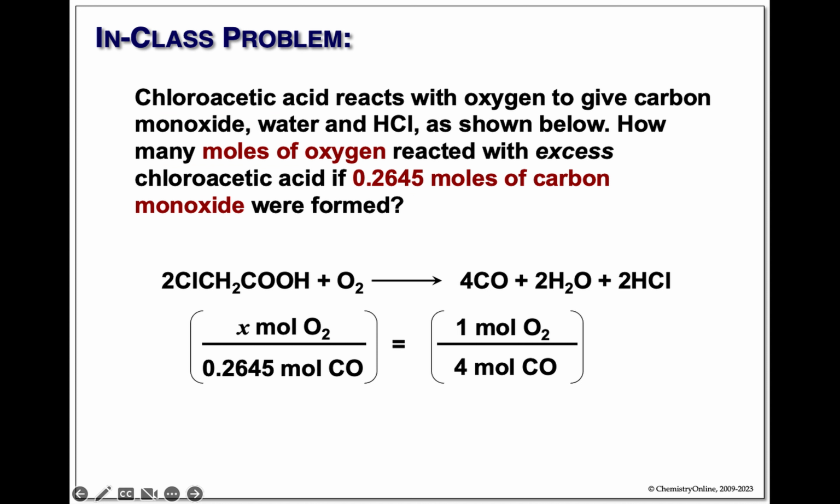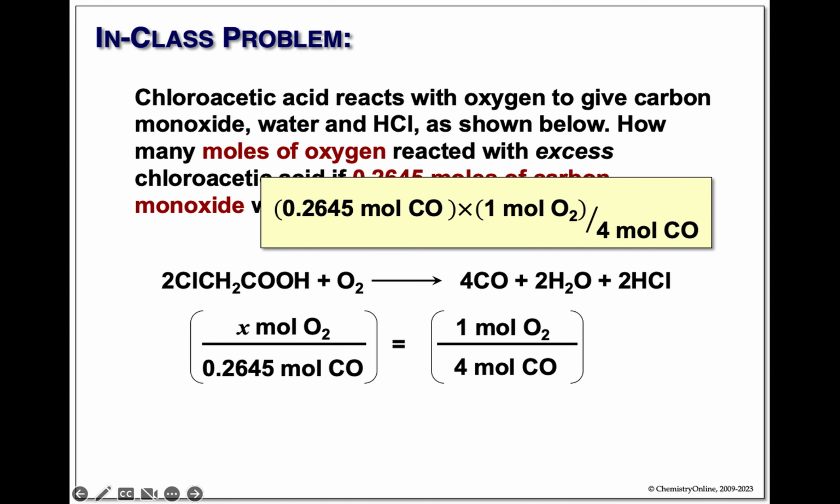Our math is simple. 2.45 times 1 divided by 4. Moles of CO cancel. And this is what our calculator tells us.